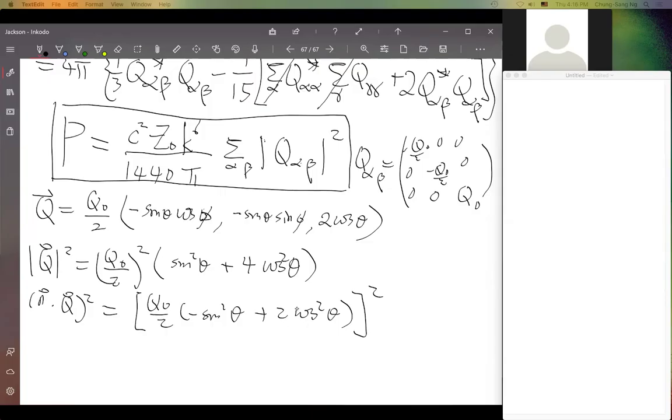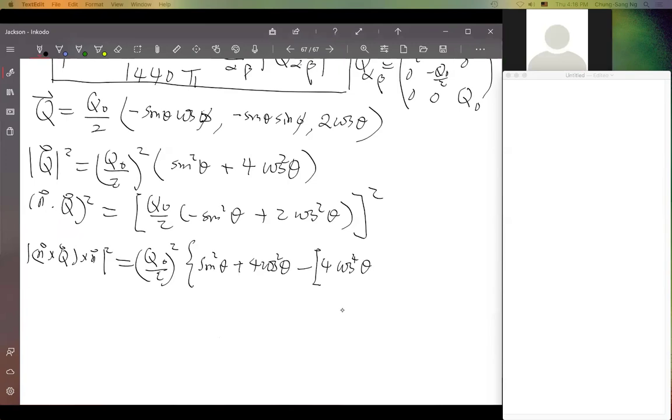Okay, so now I mean the rest is just a little bit tedious formula, but then you have this square of sine theta, you have sine square theta.